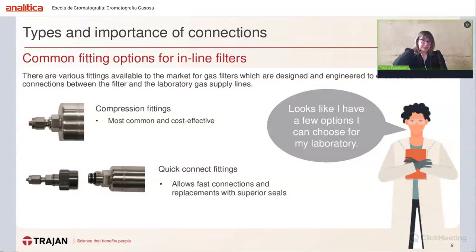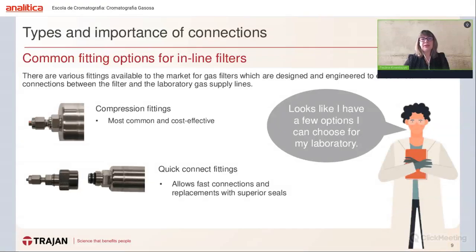The fittings commonly used for inline filters are compression fittings, or quick connect fittings, which are also a good option. The compression fittings are the most popular, the most cost-effective option.